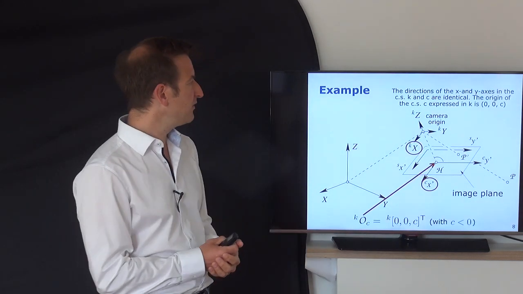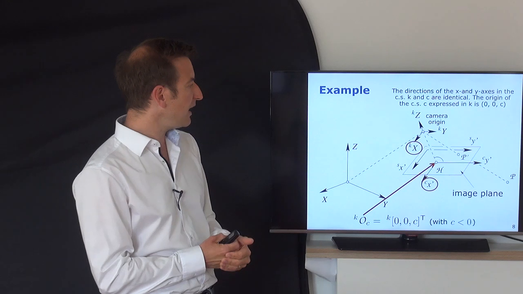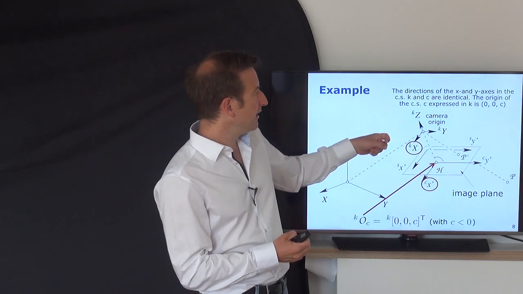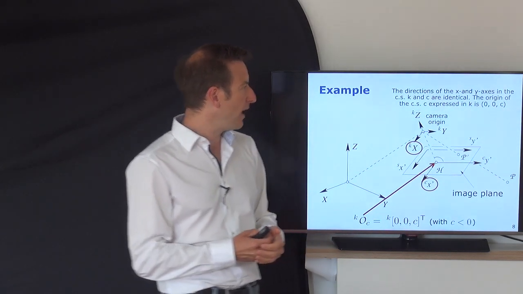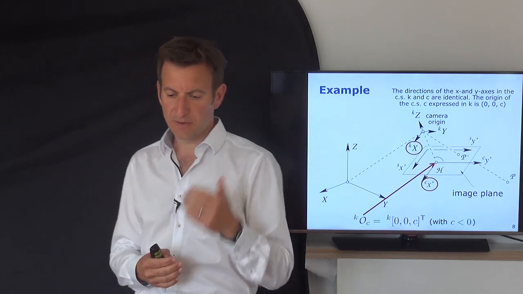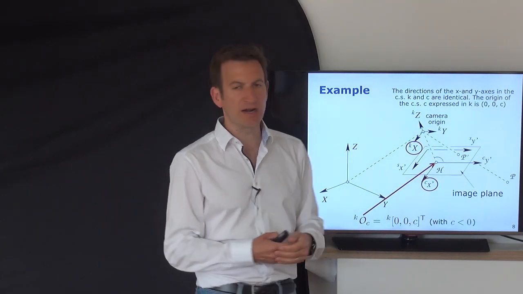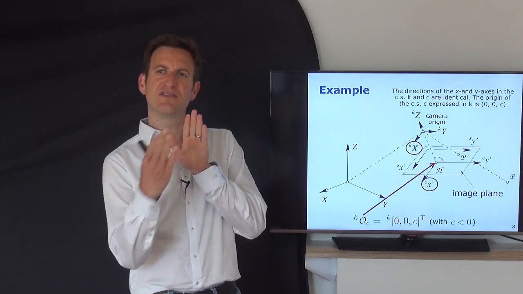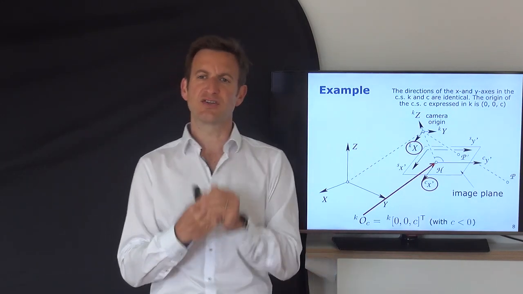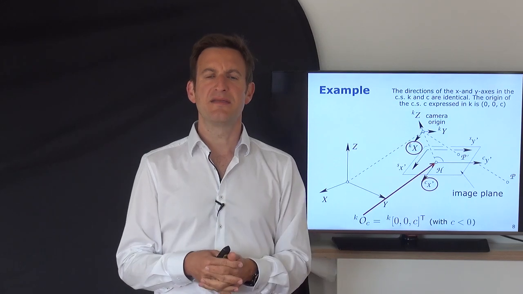There are a few things to note in here. The x and y axes in the camera coordinate system and in the image plane are identical. So it's basically just a shift in the z direction, and this is exactly the shift by the camera constant.